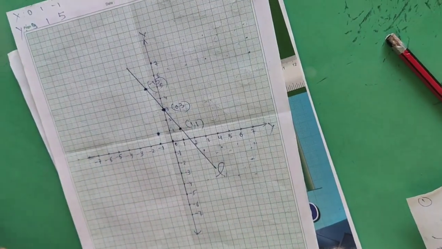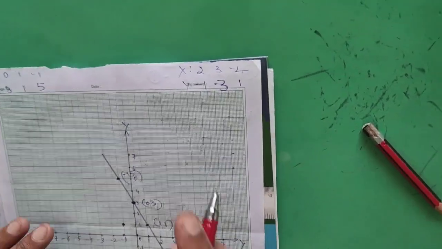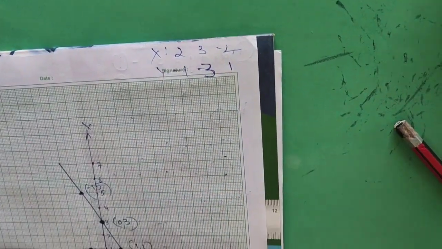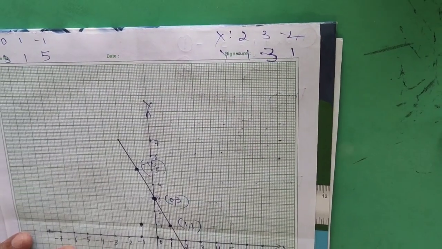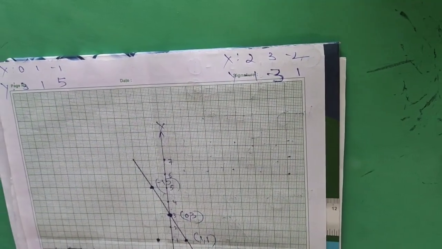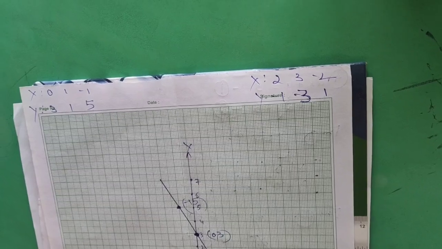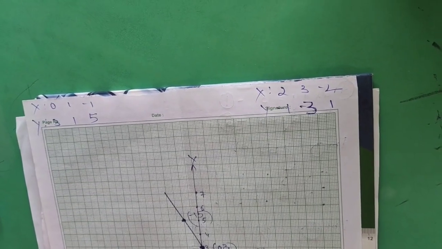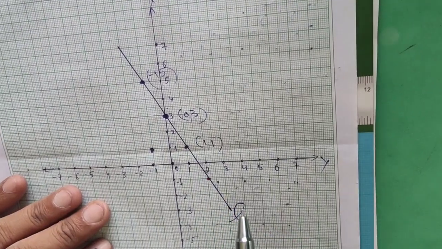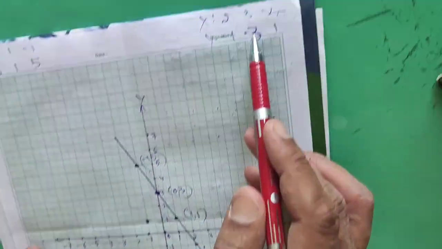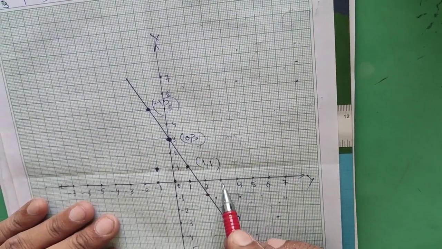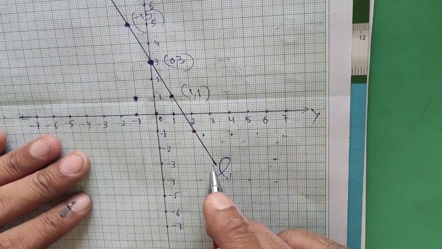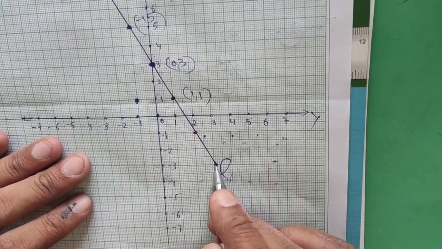Now we plot the points of the second line. The first point is 2, minus 1. X is 2 and y is minus 1. So this point is here. The second point is 3 and minus 3. So x is 3 and y is minus 3, and this point is here.